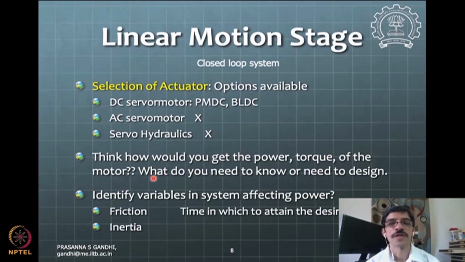See what the normal reactions are from your application coming on the system, and then you can estimate mu times N, the friction force and friction torque. Many times friction is a much higher consideration than inertia, especially for slow motion systems and systems which have spring loaded elements.